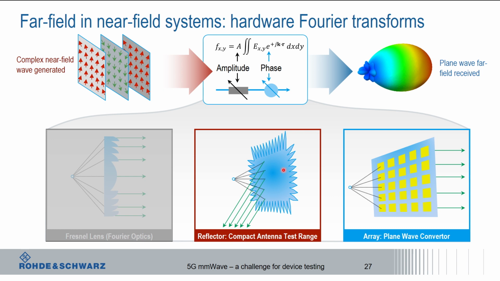This works as a reflector, so you have again a point source emitting a wave towards the reflector, which is reflecting it as plane waves. And there is a third possibility to manipulate this field, given here on the right, and that is a plane wave converter. I will briefly explain those two possibilities to create far fields in a near field distance.